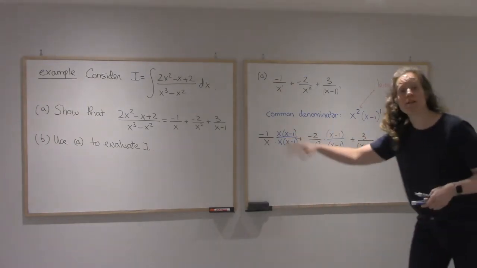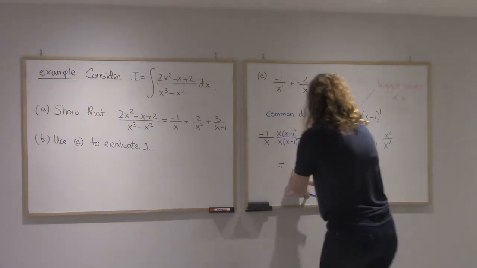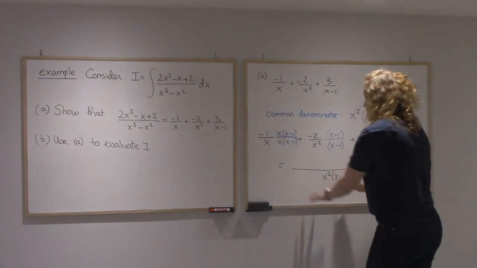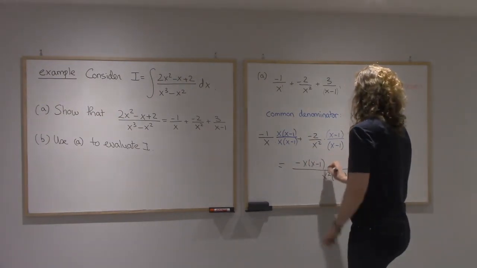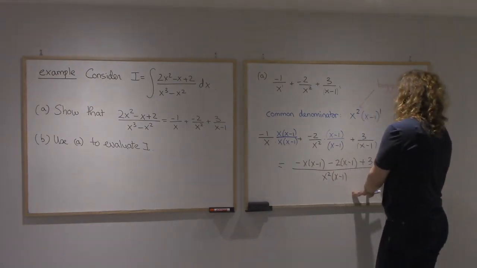So now all of these fractions are over this common denominator, so I can write them as a single one. I'm going to get minus x minus 1, minus 2x minus 1, plus 3x squared.